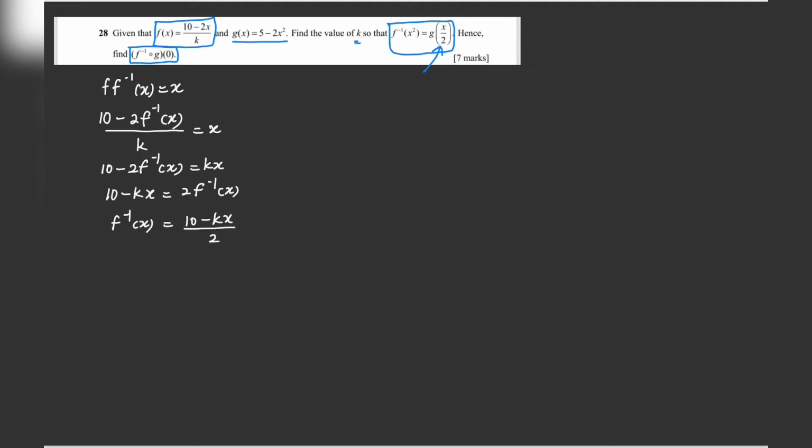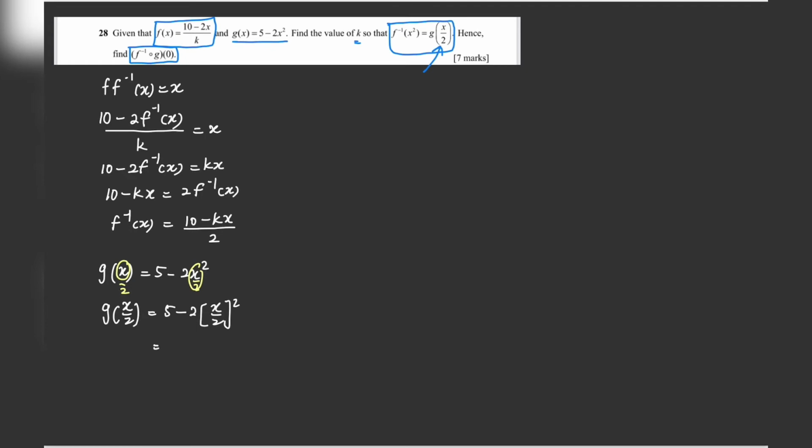Okay, that means function yang asalnya g(x) ini kita akan dividedkan dia dengan 2. So maksudnya x ini pun kena over 2 jugalah. Okay, so the way is g of x over 2 equals to 5 minus 2 (x over 2) square.